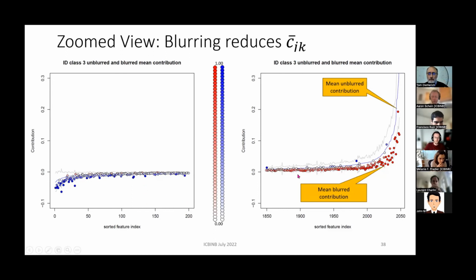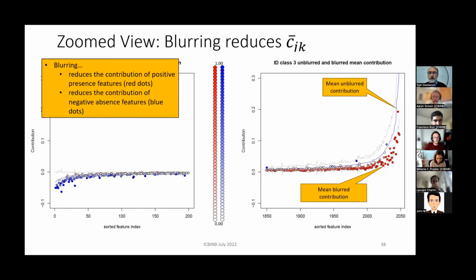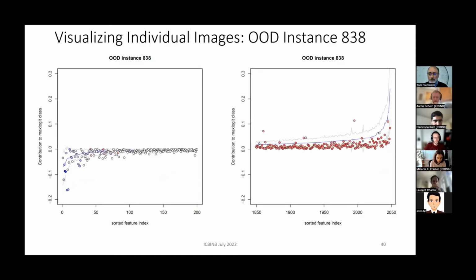So both on the positive presence and negative absence features, when you're given a novel object or a blurred object, the contributions drop. If we look at actual novel objects, this is the picture we see: on this novel object, the activations of the presence features all drop, and the activations of the negative absence features all drop, so the logit score is decreased.